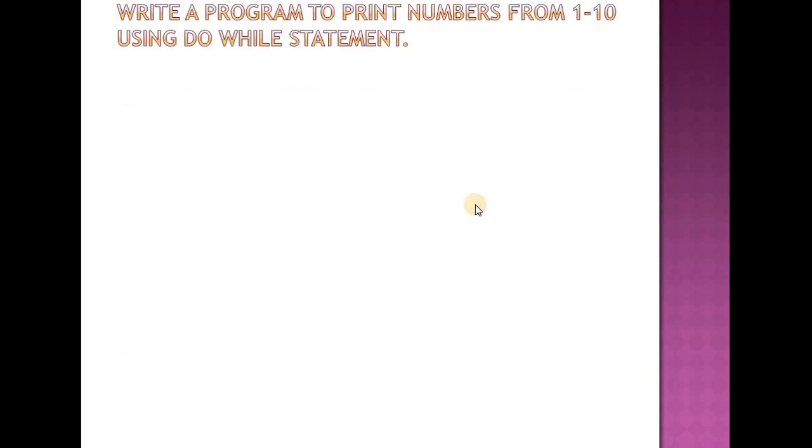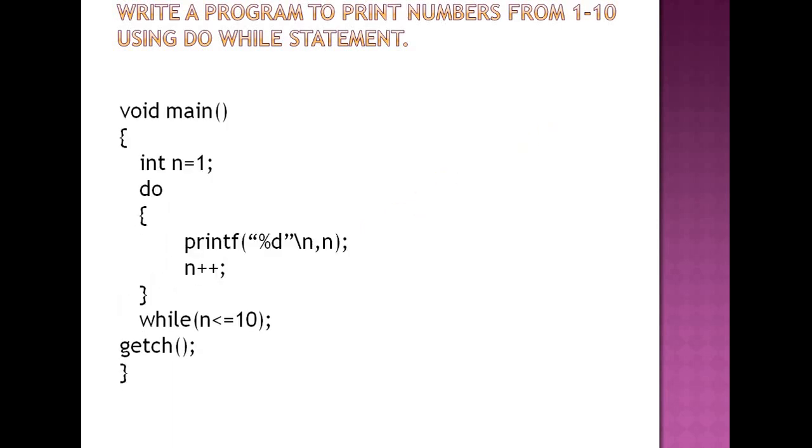Now we shall take an example of how to implement a do while statement. Write a program to print numbers from 1 to 10 using the do while statement. We have already taken the same program in the previous lecture to implement the while statement. Today we shall see the do while statement.